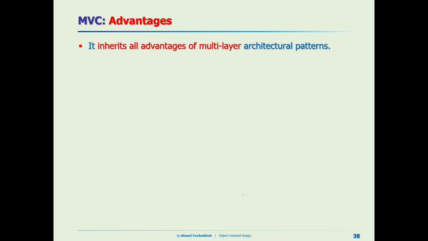Reducing the dependency between the layers, and also increasing the testability because we have separate layers. Each layer can be tested separately, and we also said that we increase the maintainability of the software. So all of them are applicable to MVC as well, because MVC is somehow a multi-tier or multi-layer architectural pattern.